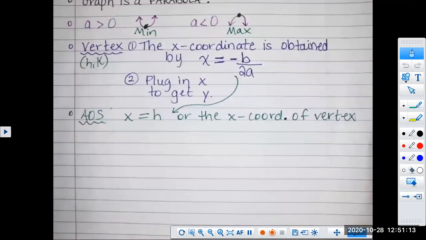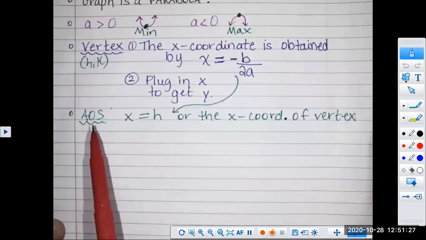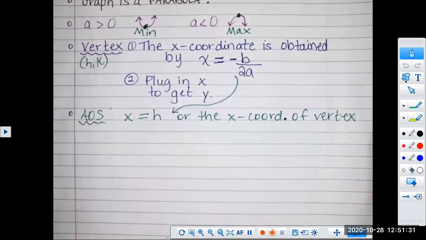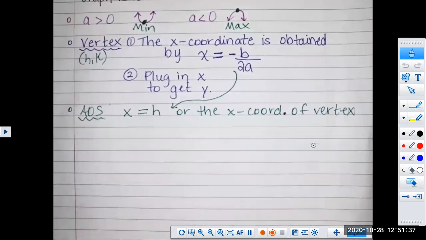Are y'all good? Okay. Which the axis of symmetry is pretty easy to get anyway, because remember, it always has to pass through the what? Good. It's always got to pass through the vertex or your x coordinate. It's always a vertical line.